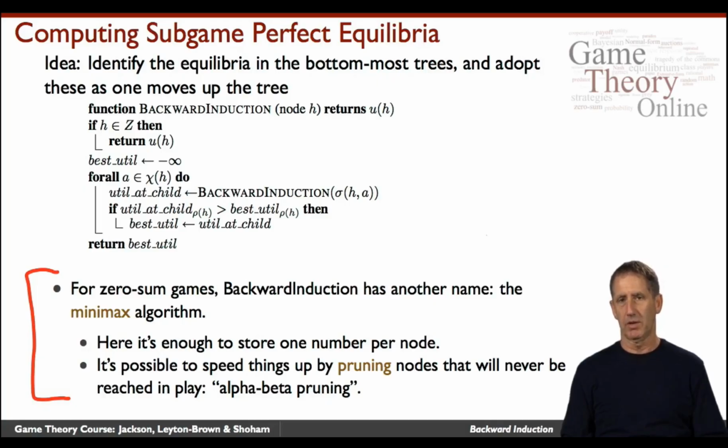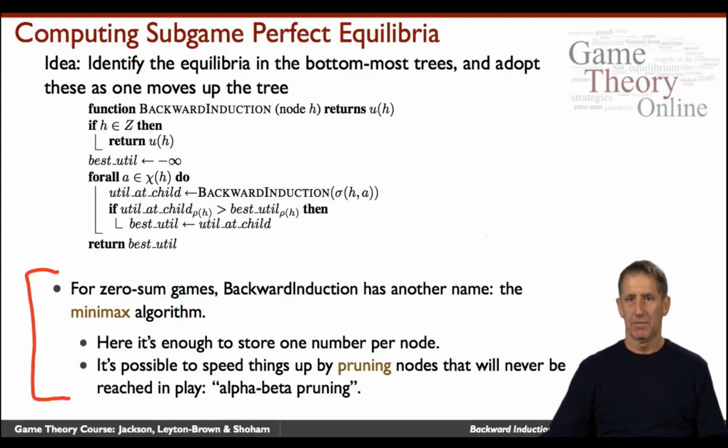And furthermore, in such zero-sum games, and all win-lose games are zero-sum games, for example chess, there is a way to speed up the backward induction procedure. By the way, in the zero-sum game, we simply call it the minimax procedure, because we alternate between minimizing and maximizing the value. One player wants to minimize it, the other to maximize it.